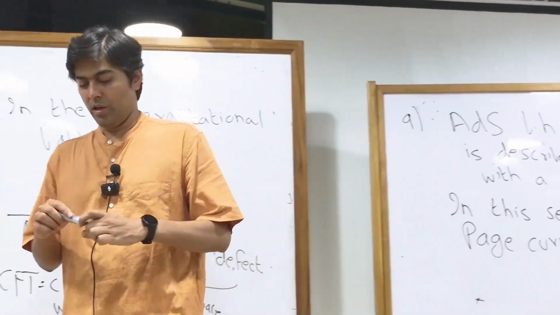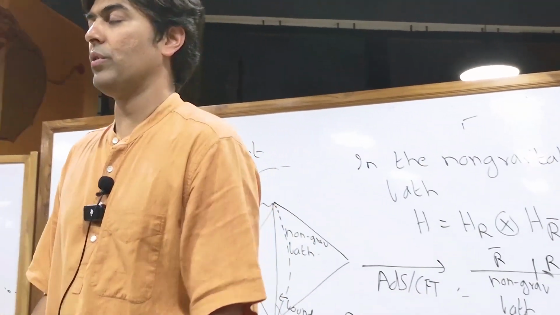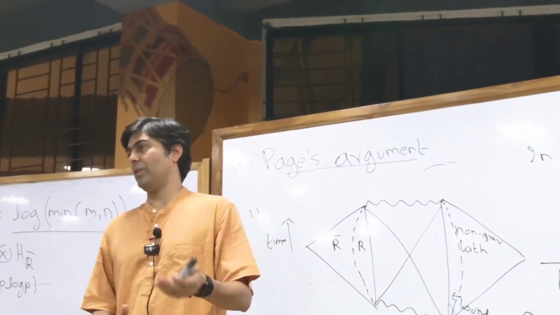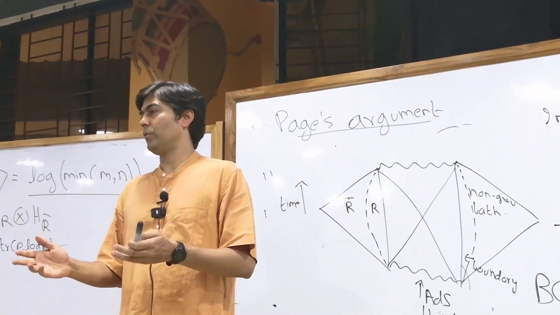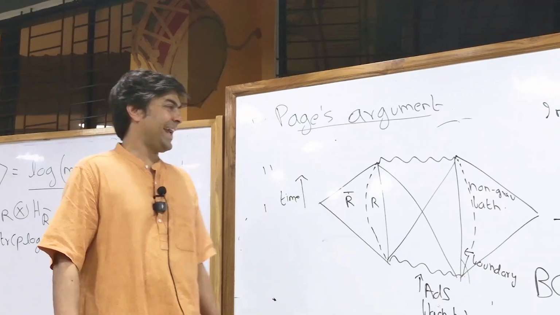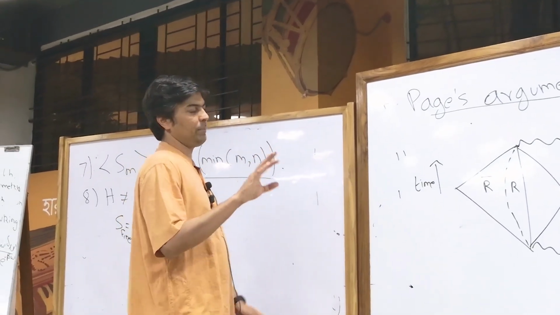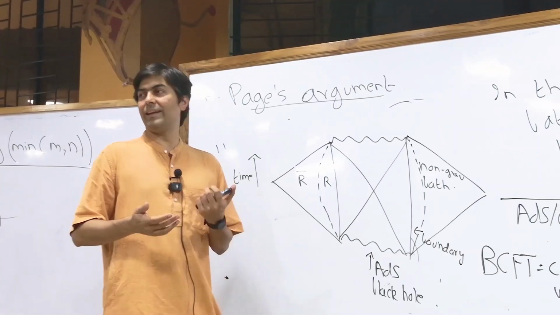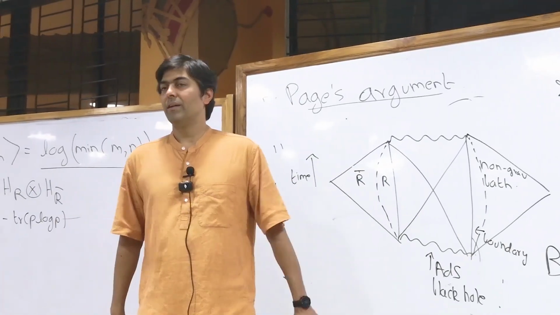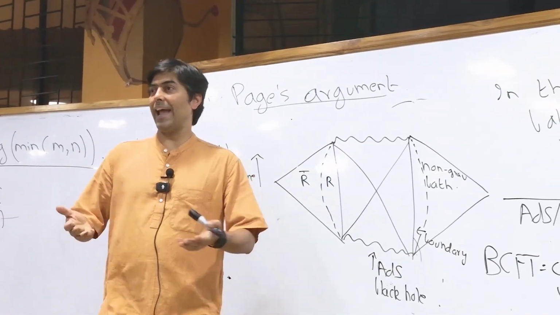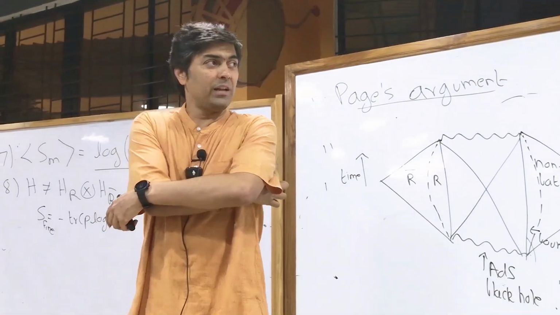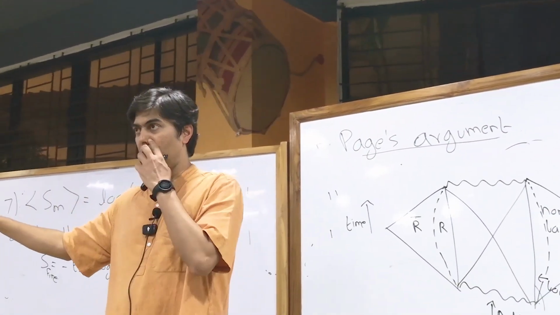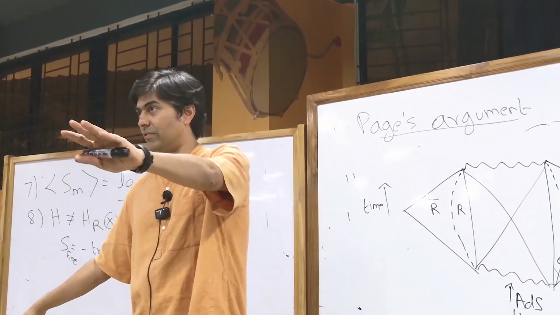I don't have time to explain how you compute the Page curve, but it's done by some refinement of the Ryu-Takayanagi formula, which is called the island formula. And the key part, let me just explain what the island is. When you compute these entanglement entropies, there's an associated notion of what's called an entanglement wedge. Sometimes it might happen that degrees of freedom in one region describe degrees of freedom in another region.